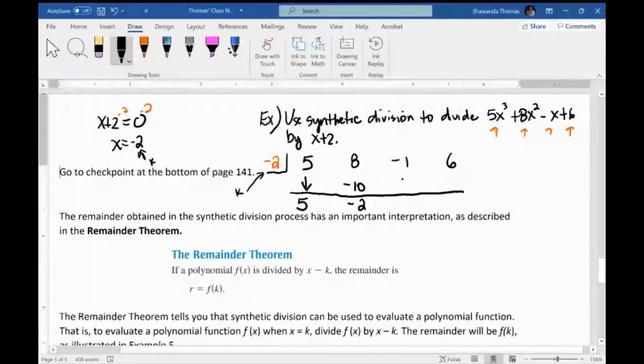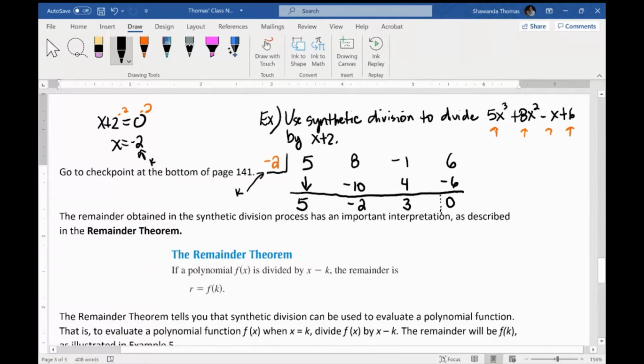Then we add. We get 3. Then we multiply. We get -6. Very nice. That last number always represents the remainder.